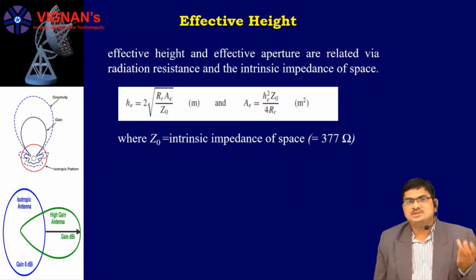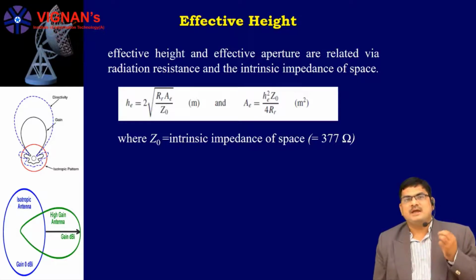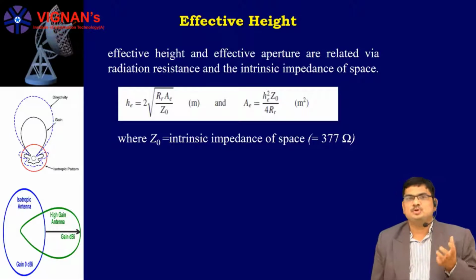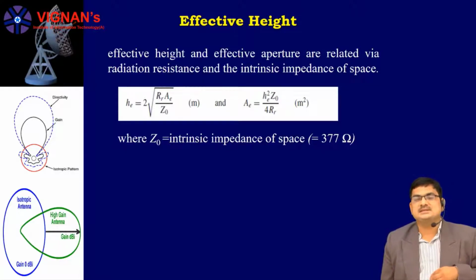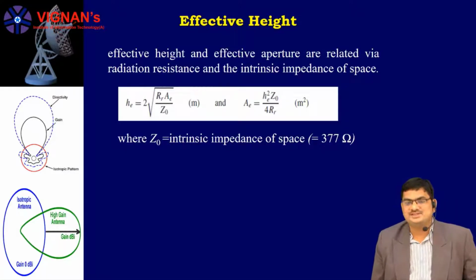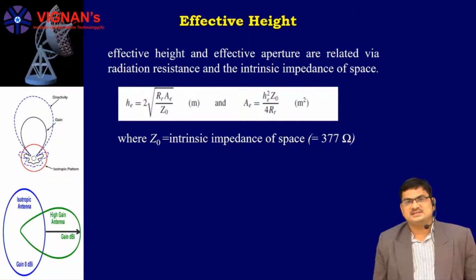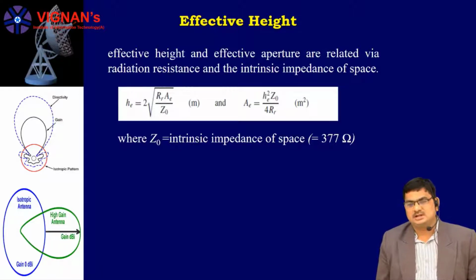This is the formula for your effective height and effective aperture with relevance to radiation resistance and the characteristic impedance Z0. H is equal to 2 into root over radiation resistance into effective aperture by Z0, that is the intrinsic impedance, 377 ohms.